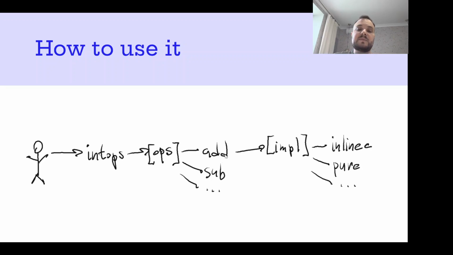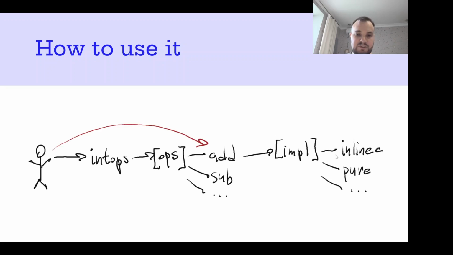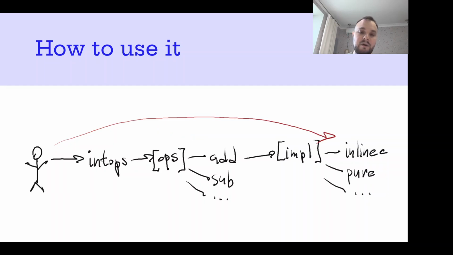And then when you call a specific operation, that would go to the implementation submodule and find an implementation for this operation in the implementation that is required in this particular environment. And of course, you can jump straight to an operation family that you're interested in, or you can circumvent the entire interface and just import the implementation that you want.